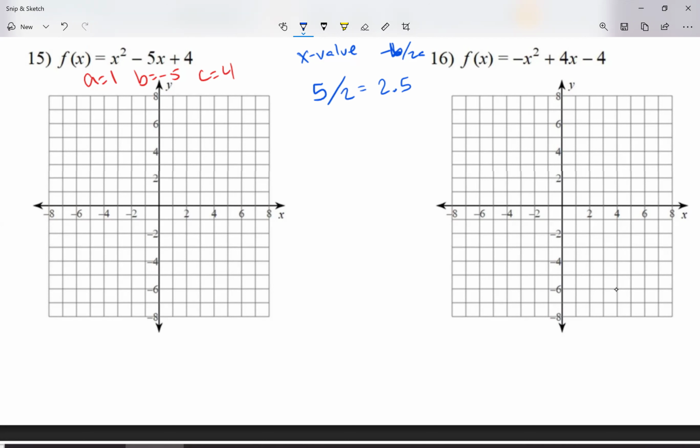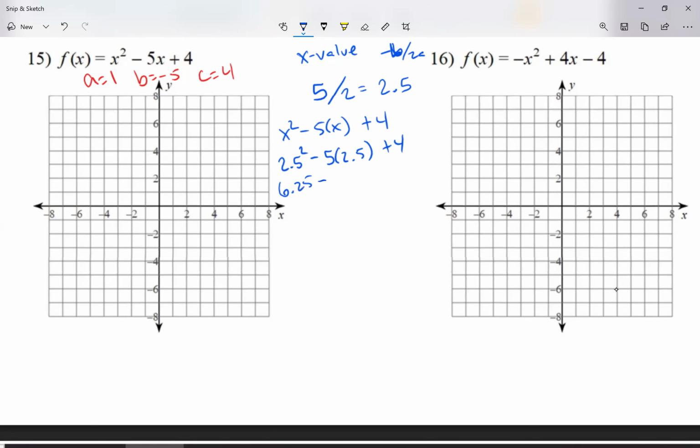Okay, now let's find the Y value. Since my equation is x squared minus 5 times x plus 4, let me go 2.5 squared minus 5 times 2.5 plus 4. I'm going to do it like that. Now, 2.5 squared, basically 2.5 times 2.5, gives me 6.25. Now 5 times 2.5 is 12.5.